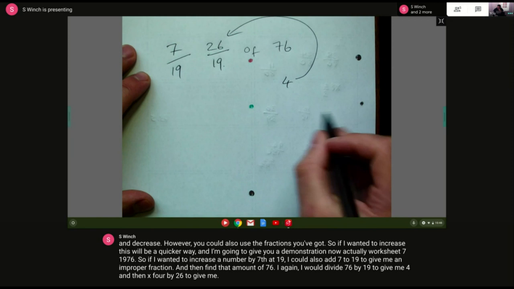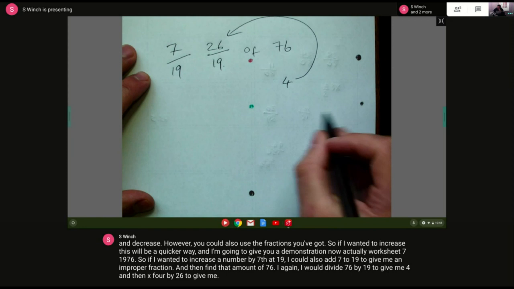So what we're looking to do now is actually you could take 9 away from 12 to give you 3 over 12, and that would be another way of finding the answer. So if we know that 9/12 of 60 is 45, then obviously if you want to decrease 60 by 45, the answer you would get would be 15.